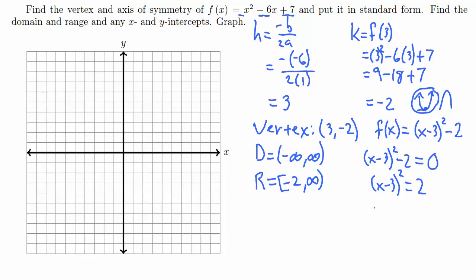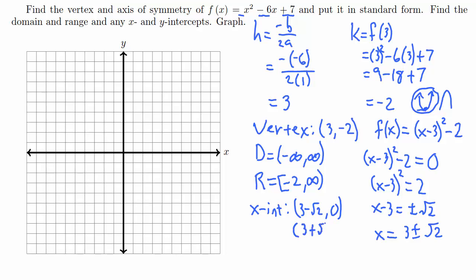And the square root property says that x minus 3 is equal to plus or minus the square root of 2. So I can add 3 to both sides, which means x is equal to 3 plus or minus the square root of 2. What that tells me is that we have two x-intercepts. They are the coordinates 3 minus the square root of 2, 0, and 3 plus the square root of 2, 0.